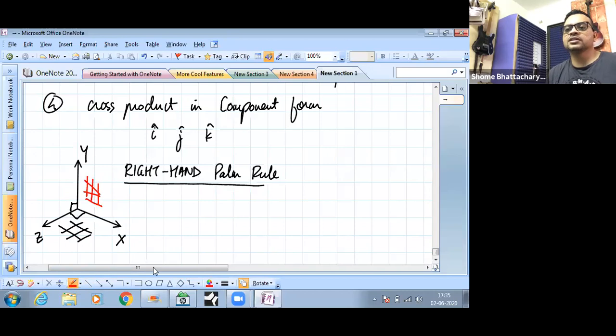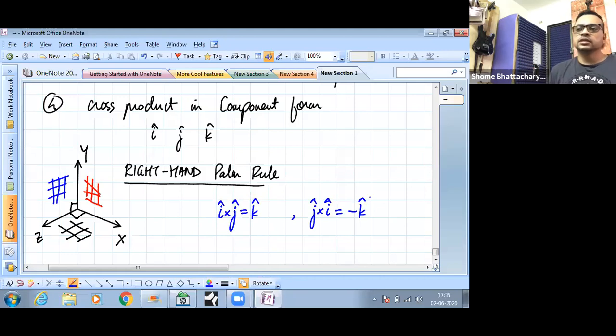So now it will also be consistent with the cross product system. So according to this, you will see I cap cross J cap will be equal to k cap. But j cap cross I cap will become minus k cap. Okay. Just work this out.